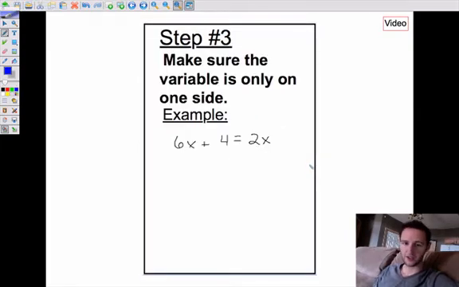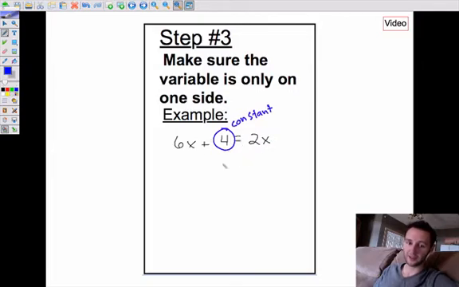Step 3 of solving an equation, make sure that the variable is only on one side. If you look at this example, we have 6x plus 4 equals 2x, and we've got variables on the left side. We've also got variables on the right side. So step 3 is make sure that we move them all to one side or the other. Typically, you're going to want to move them to the side that doesn't have the constant term on it. In this case, we have a 4 as our constant here.